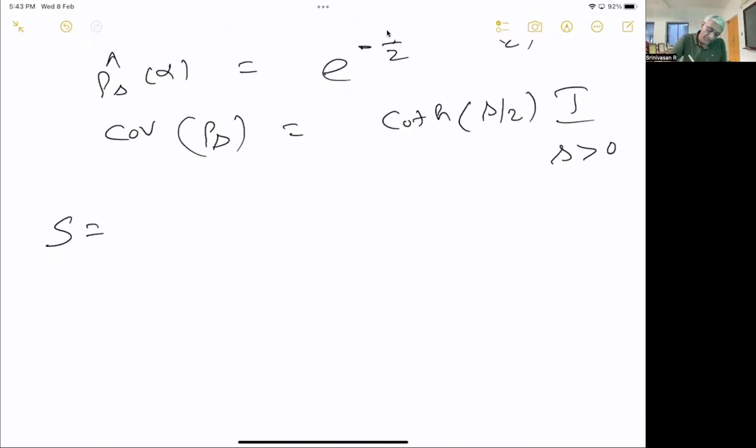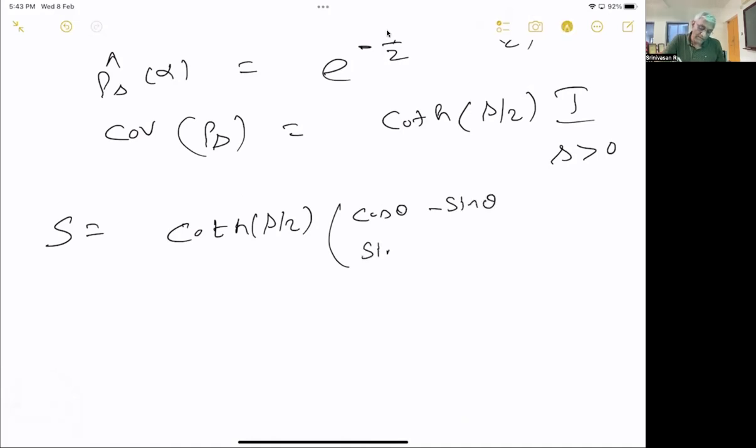Then S is equal to coth(S/2) times a product of matrices: the first is cos θ, −sin θ; sin θ, cos θ, times diag(e^t, e^{−t}), that is e^t or λ inverse.